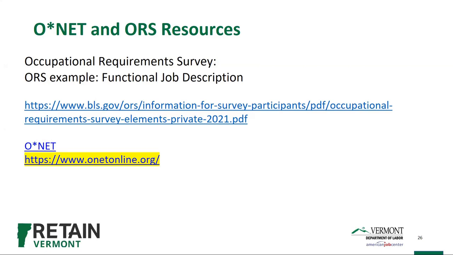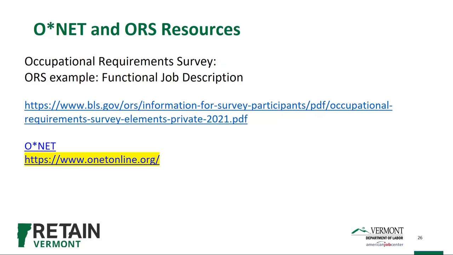As we research what demands a job has, there's a few resources that we have to do that with. There's ONET, which is the Department of Labor's present resource for job descriptions, which you can see the link. We have a link up on the slide for you.